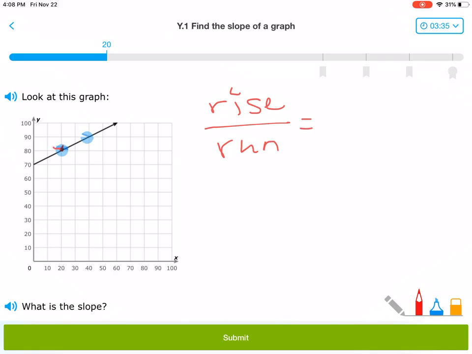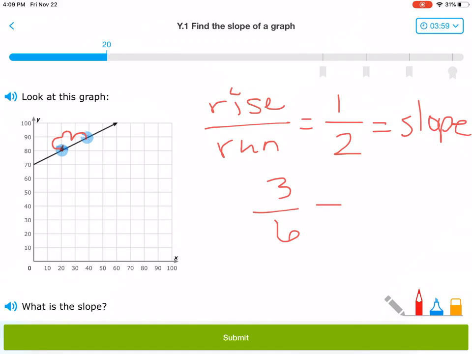So we rise up 1. We run over 1, 2. So our slope is 1/2.